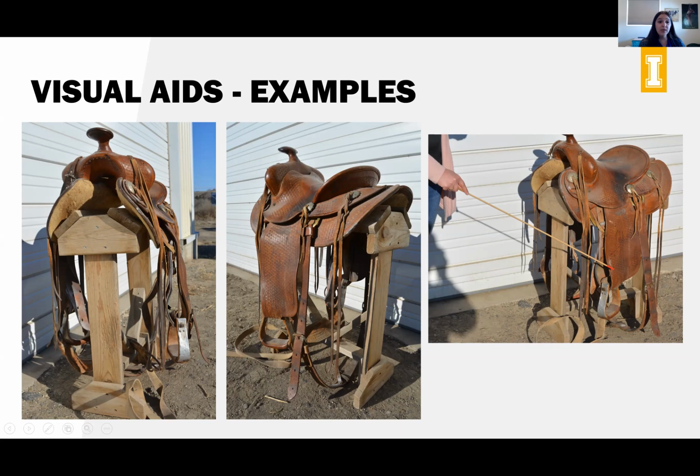Again, using your mouse, you could show the individual pictures, because you can just share a photo, or you could put them on a slide like this, or each photo on a slide, and go through whatever makes sense to the person who is presenting. You could also just do it pointing with a stick like I am in that last picture. So there's lots of different ways that you could do that.